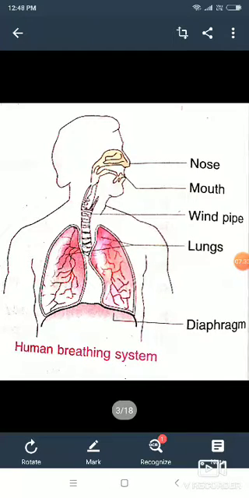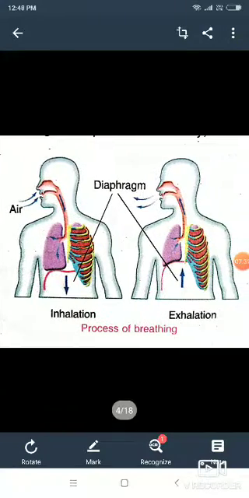Okay, now move to the next diagram, and this is the diagram of the process of breathing. See this, in this diagram two diagrams are there. One is for inhalation, and the second one is for exhalation. And see the arrow mark, and the diaphragm is there in both the diagrams.